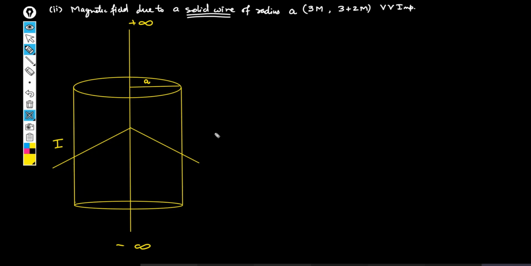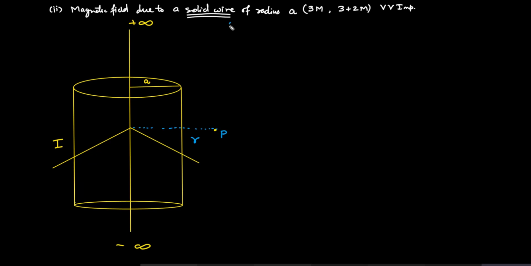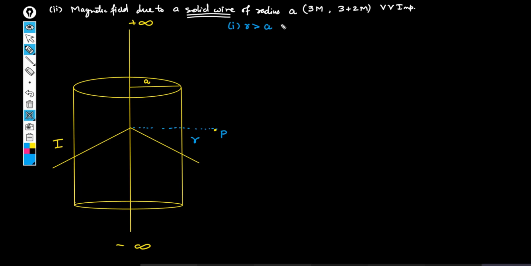Now the first point I will choose is outside the wire, and let's say its distance is small r. So case 1, we will take r greater than A. It means outside the wire.